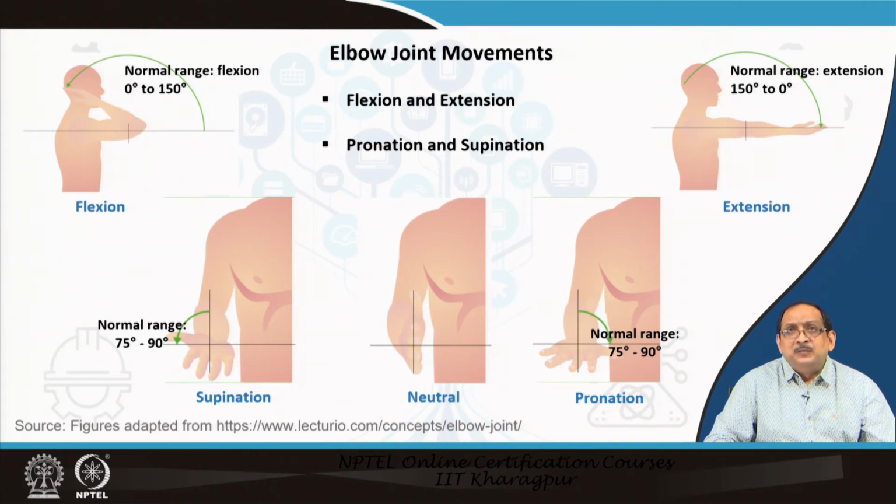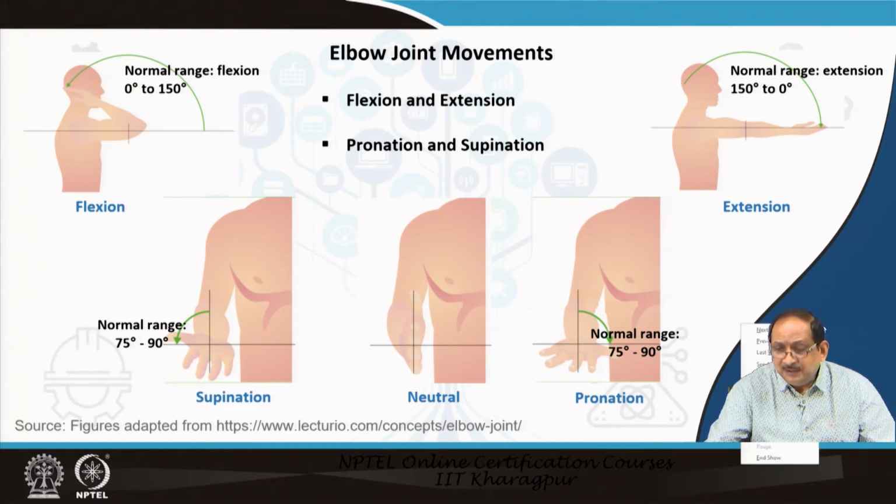The movements offered by the elbow joint are flexion, extension and pronation, supination. You can see here the normal range of flexion is from 0 to 150 degrees, and the opposite movement is known as extension.